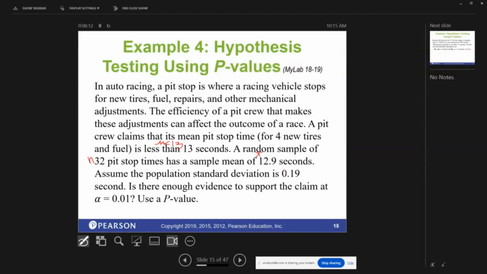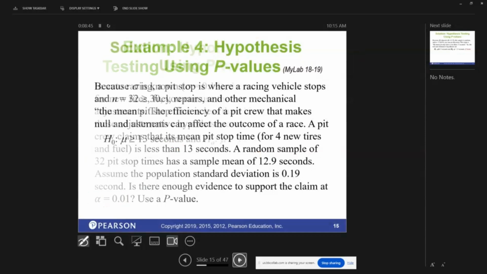And we want to assume the population standard deviation, so my standard deviation is 0.19. And then I have this alpha value of 0.01. As you read through a problem like this, that would be the first thing I would do on my paper: write down what variable each of those values represents.